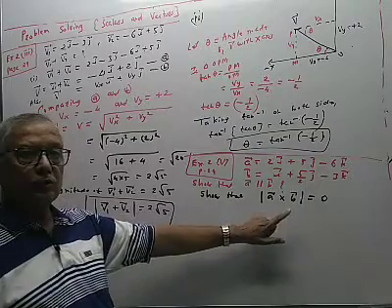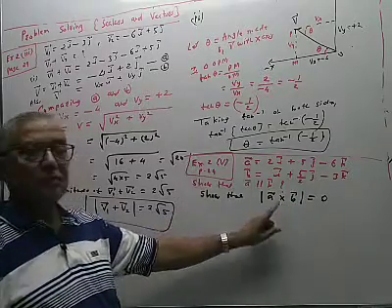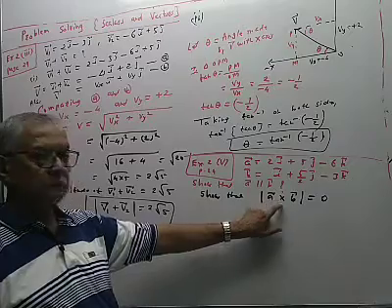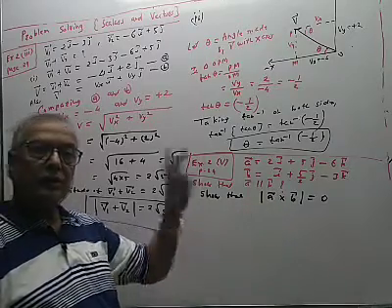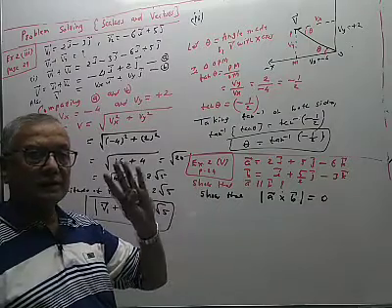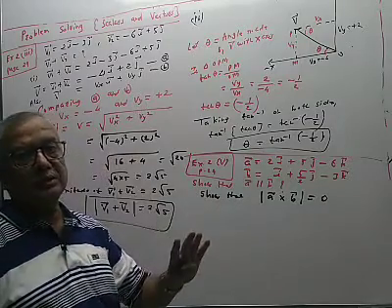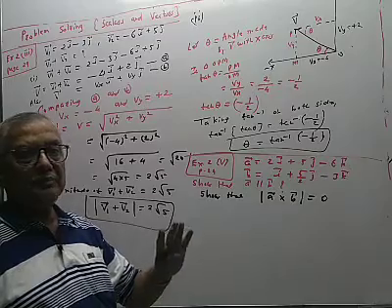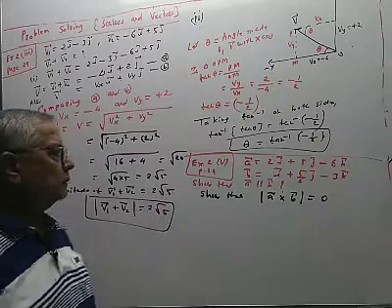A cross B is equal to 0. So while solving this problem, there are two methods. One is a lengthy method and other is a shortcut method. So first I will explain shortcut method.